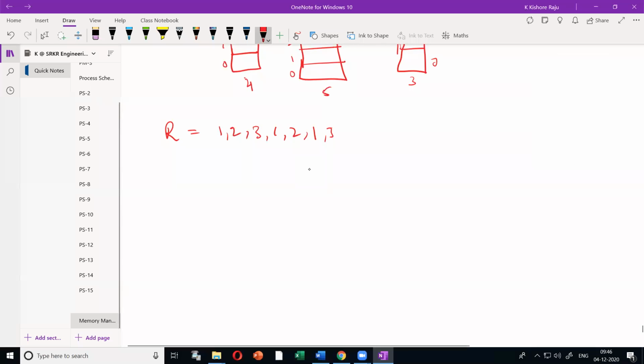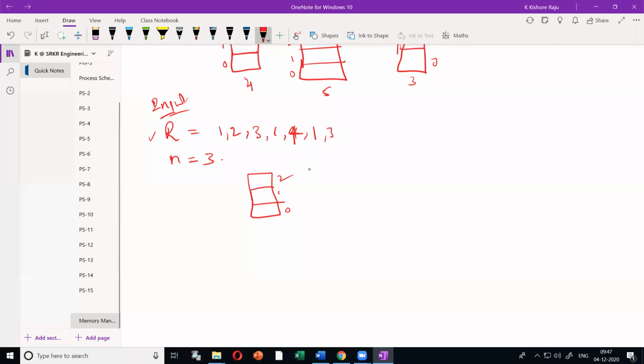I have 3 frames. This is the input. So the number of frames is equal to 3, the input reference string is 1, 2, 3, 1, 4, 1, 3, and my frames are 0, 1, 2.